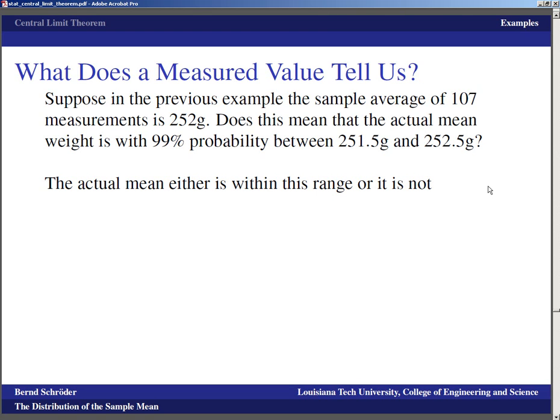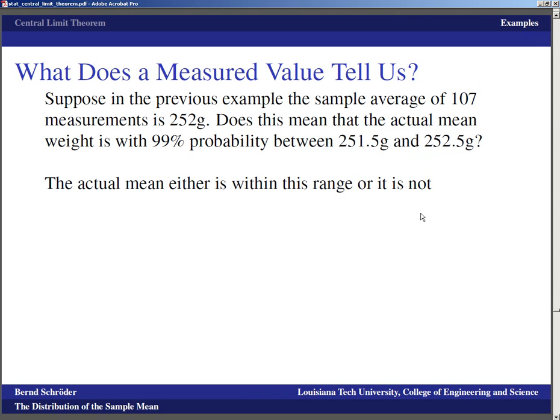But if you actually analyze it, and this is something where at first I had a misunderstanding for a long time, and it is rather subtle, but if we look at that, the actual mean is a number and it's fixed. And as soon as we give a specific range, say between 251.5 and 252.5 grams, the actual mean is either within that range or it is not.